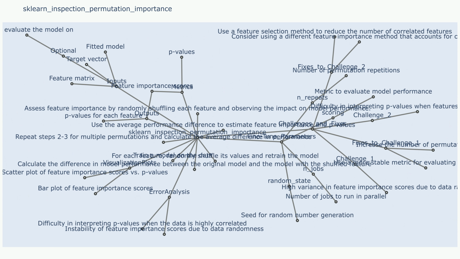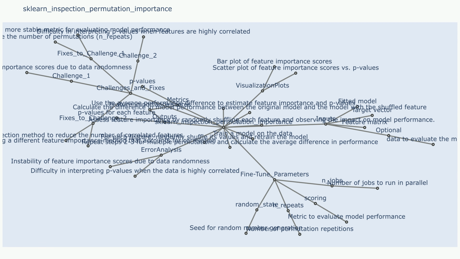Uncertainty methods. Uncertainty Method 1. Standard deviation of importance. The standard deviation of the importance scores, calculated across multiple permutations, provides a measure of the uncertainty in the estimation of importance for each feature.